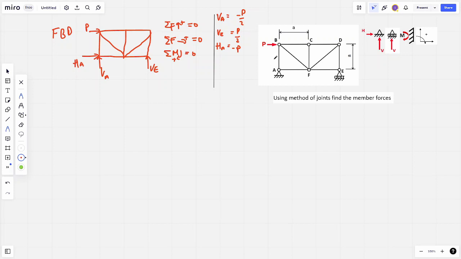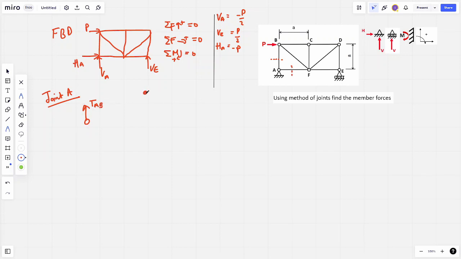So what we need to do is take cuts at all the members, let's say here for member AB and here for AF. Then we draw a free body diagram at joint A. If we take cuts, the free body diagram is going to look something like this. So we've got tension between AB, going away from the point.